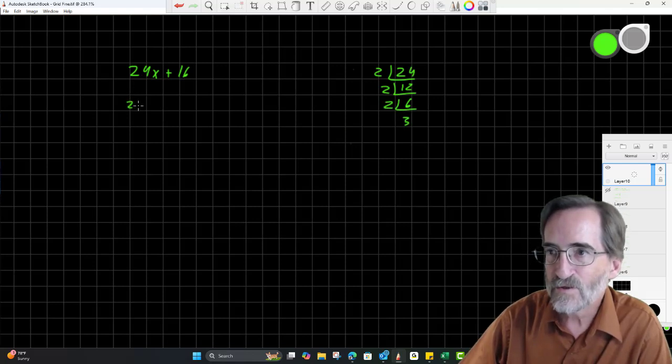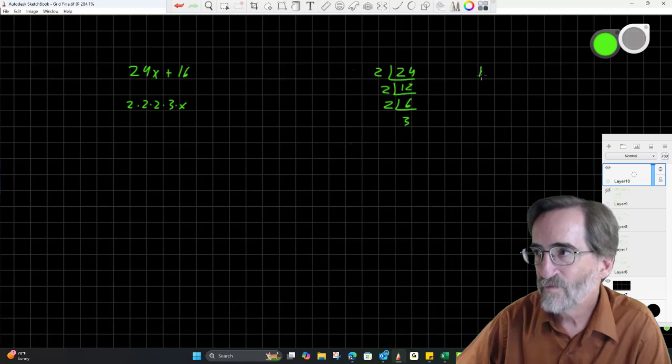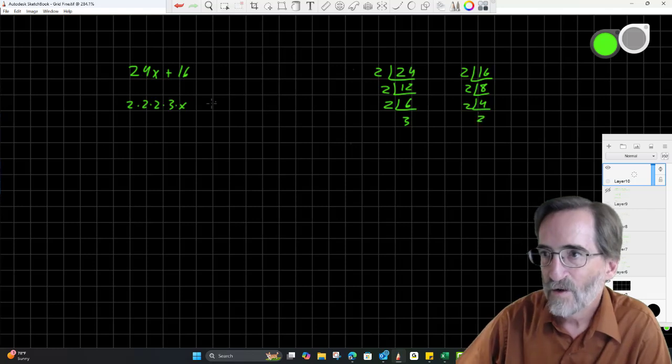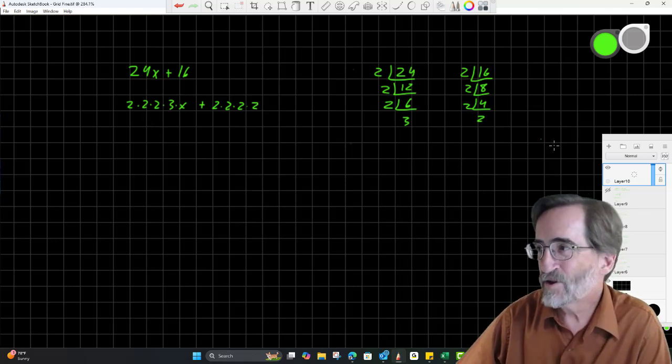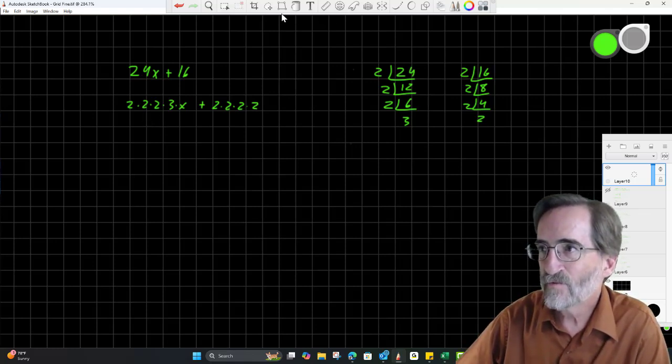So this is 2 times 2 times 2 times 3x. And 16 is 2 times 8, which is 2 times 4, which is 2 times 2, is 2 times 2 times 2 times 2. And we can factor out anything that is in both terms.